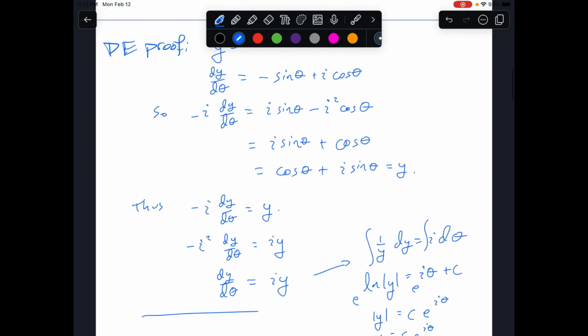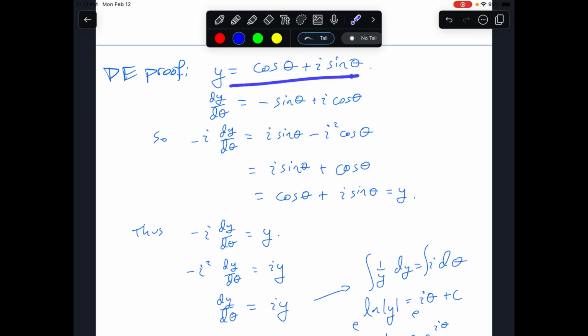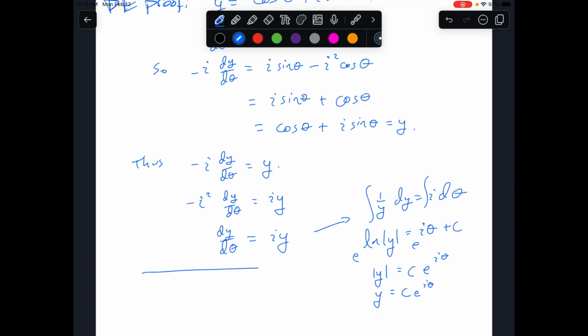What should that constant be? Well, remember that y equals cosine theta plus i sine of theta. Over here, we can ask, what is y of 0 equal to? It's equal to c times e to the 0, or just c.